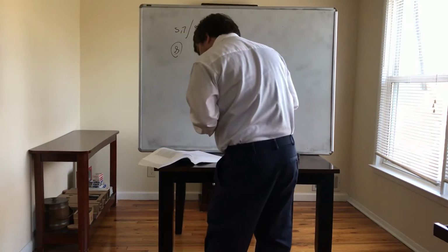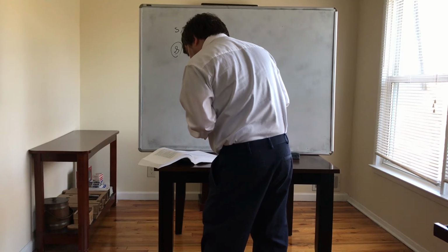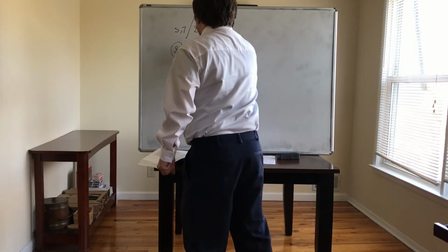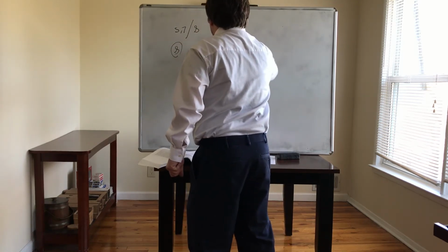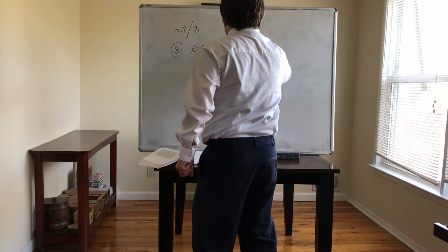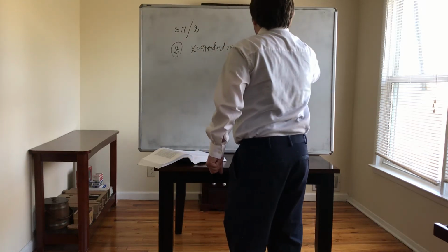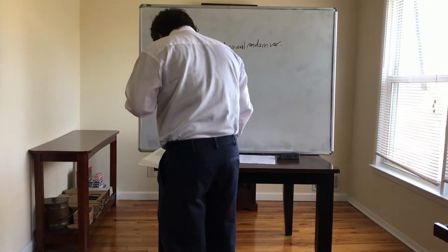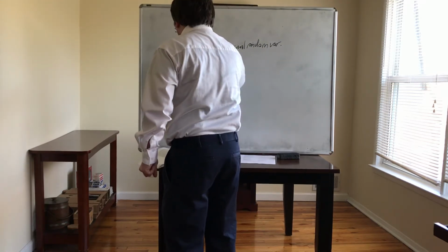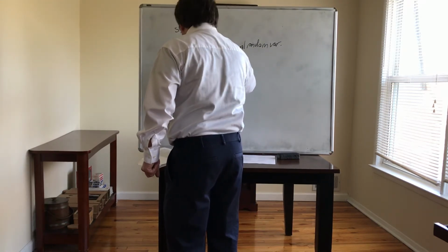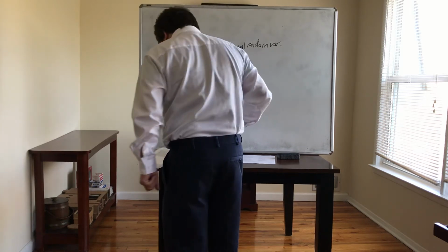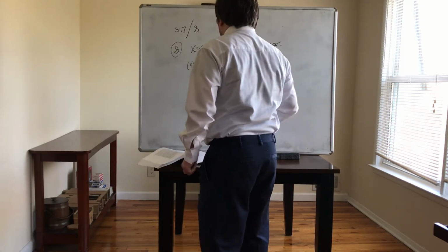So 5.7, number 8 on page 172, x is a standard normal random variable. Okay, find the probability x takes on these values. So for part A, find the probability that x is less than 1.5.